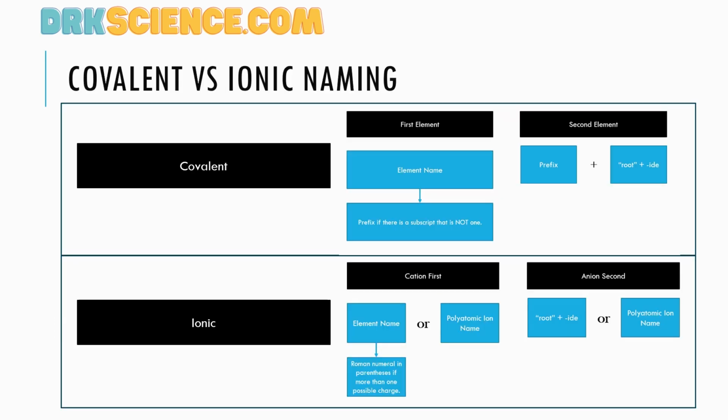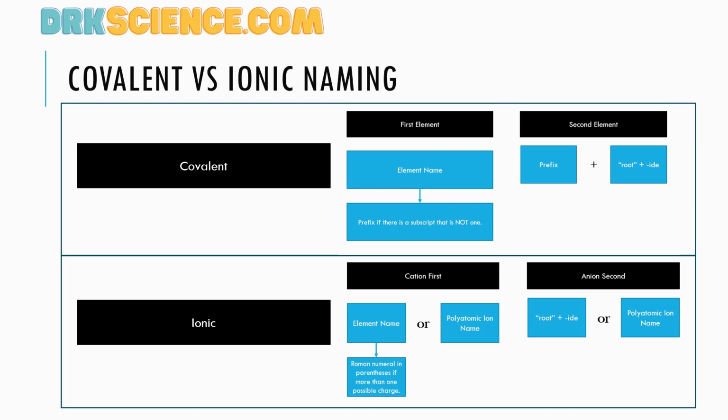This is just an overview of what we've learned so far. For covalent, we take our first element. If there is a prefix that is not mono, we use the prefix and element name. Then for the second element, we always use a prefix plus the root of the element name, take off the ending, add IDE. Ionic is similar. Our cation is first. We do the element name or the polyatomic ion name.